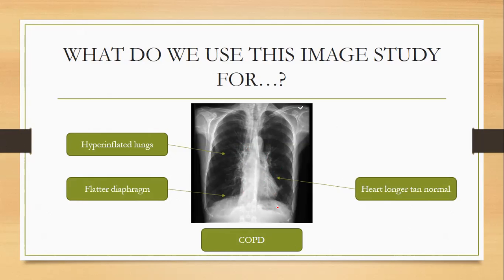In Spanish, maybe. Okay, in Spanish would be corazón en lágrima, en gota. Okay, so we have a teardrop heart. Teardrop heart. Okay, so we can find a teardrop heart in COPD.